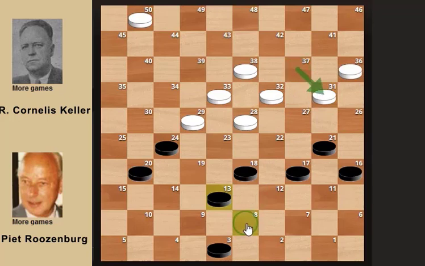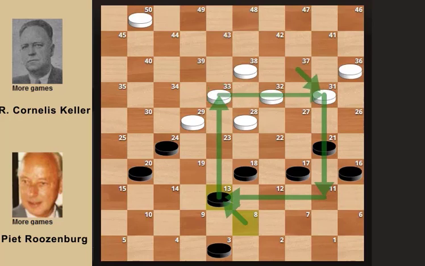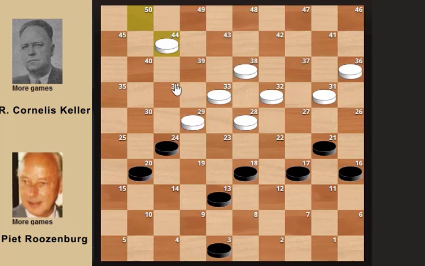Roozenburg answered the move by playing 8, 13. Again, if you draw the square, we see that 13 can be taken. We can play 13. So that's the move Roozenburg made. And then Keller moved his piece from 50 to 44.